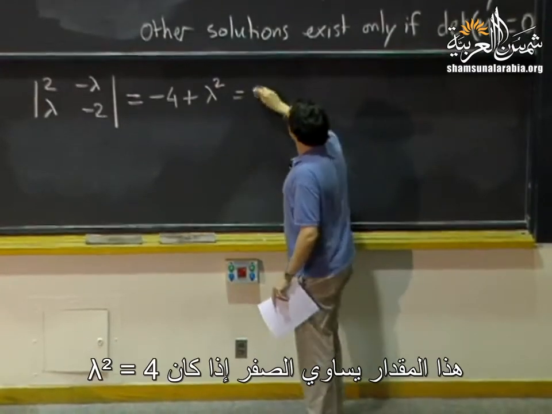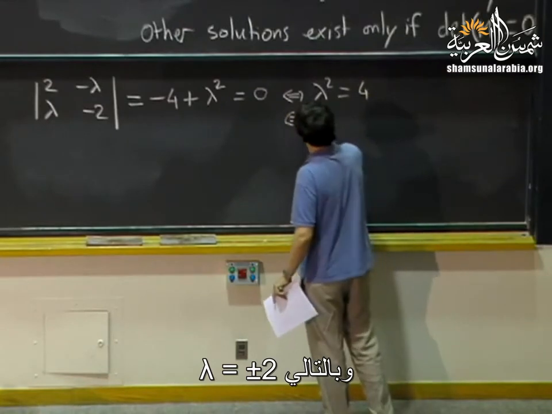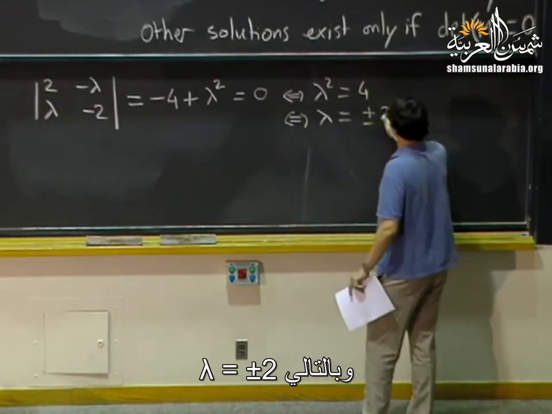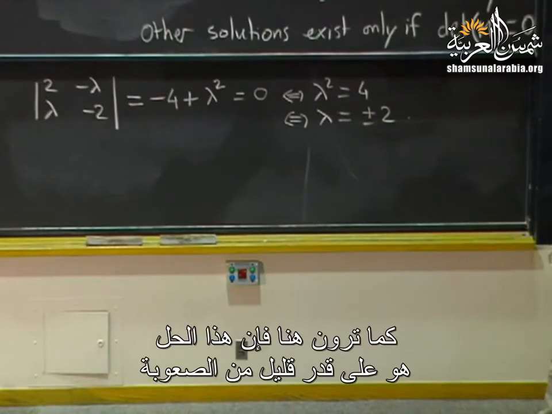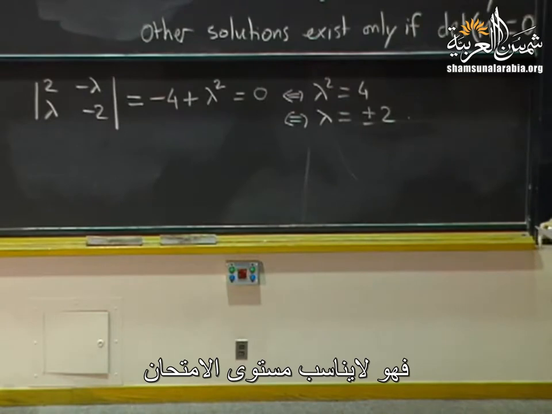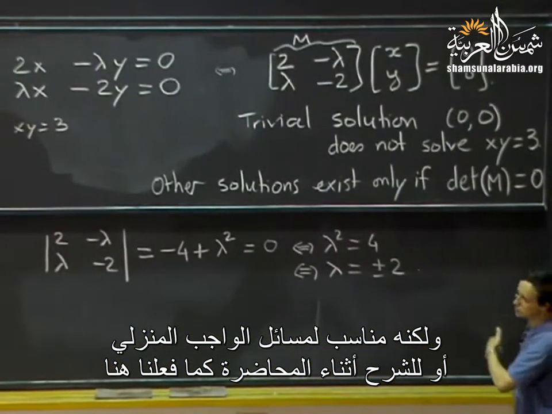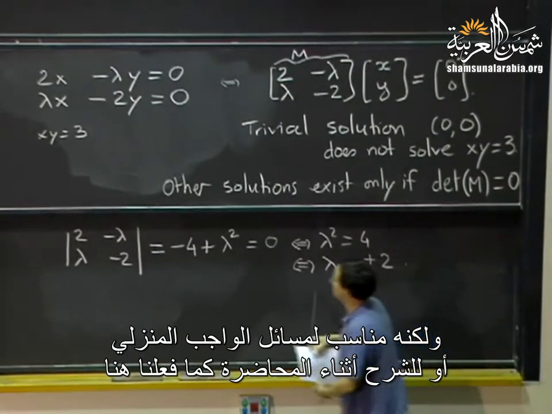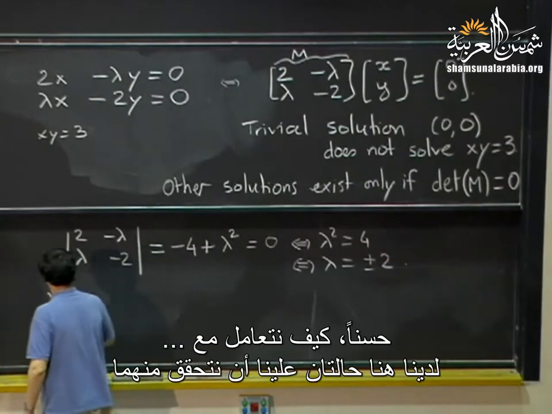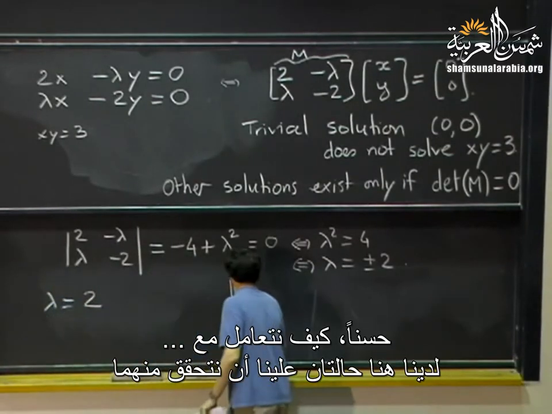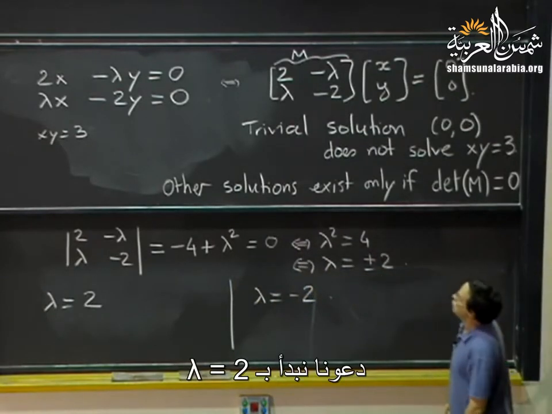So that's 0 exactly when lambda squared equals 4, which is lambda is plus or minus 2. So already you see here it's at a level of difficulty that's a little bit much for an exam, but perfectly fine for a problem set or for a beautiful lecture like this one. So we have two cases to look at, lambda equals 2 or lambda equals minus 2.